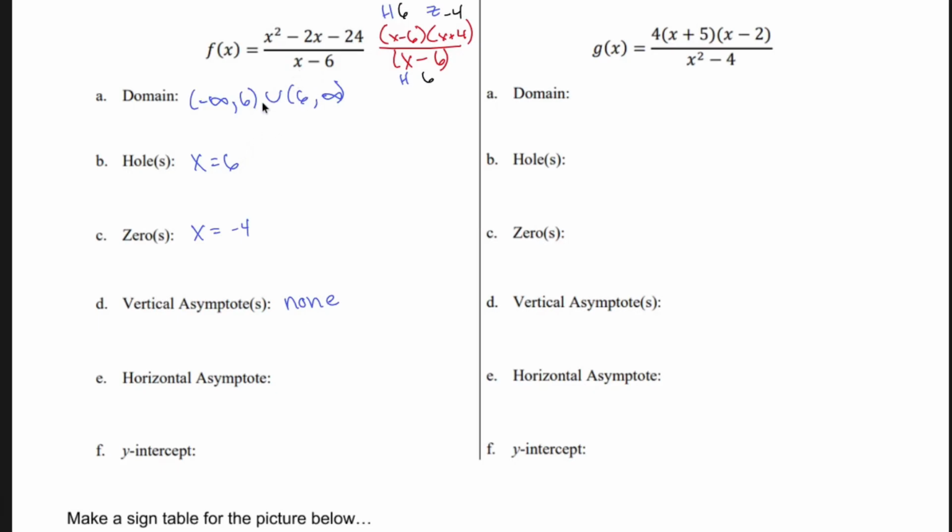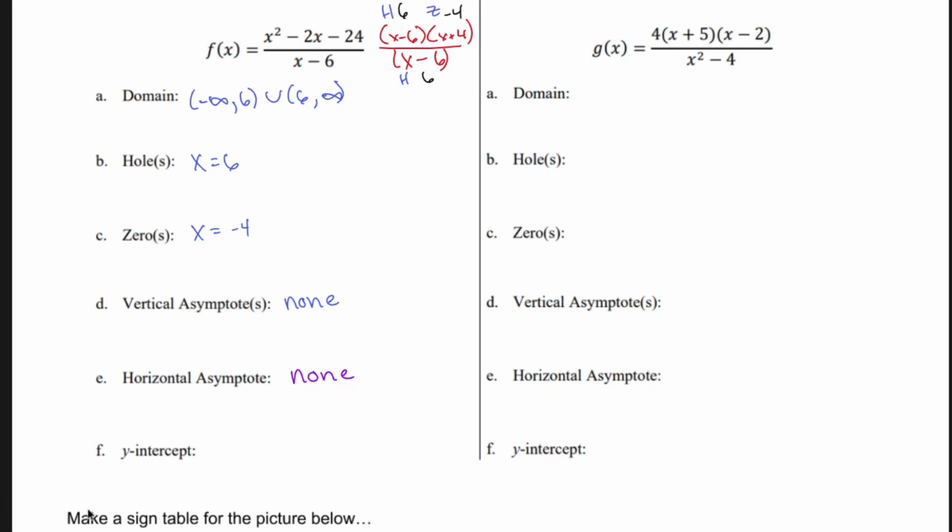That doesn't happen here. If the numerator has a smaller degree than the denominator, then your horizontal asymptote is 0 no matter what. However, this guy has a higher degree in the numerator than the denominator, which means you don't have a horizontal asymptote.